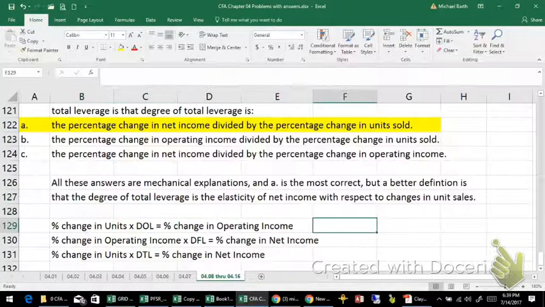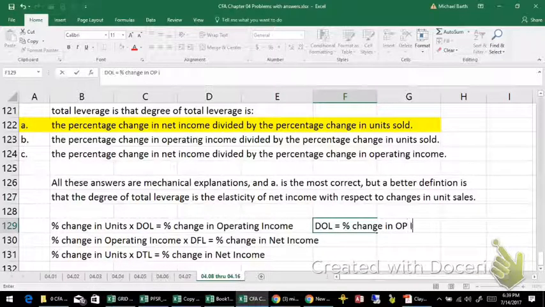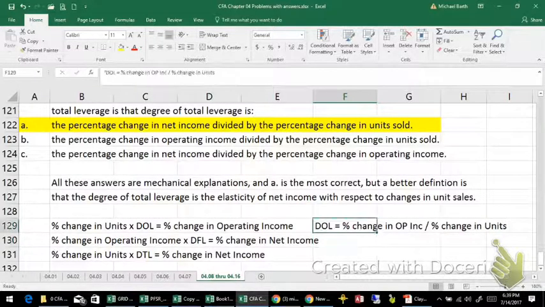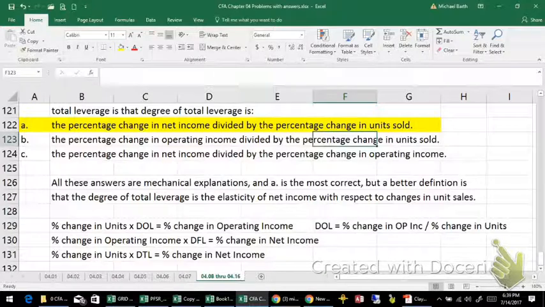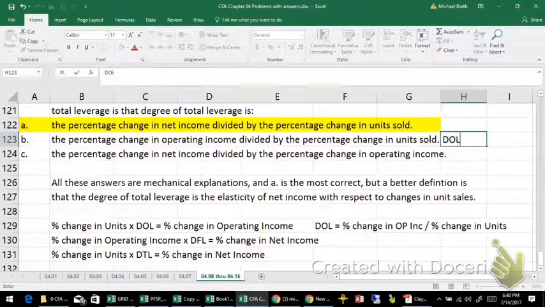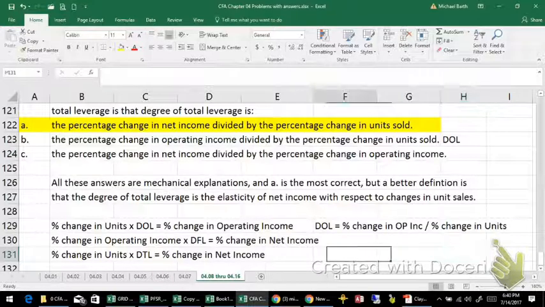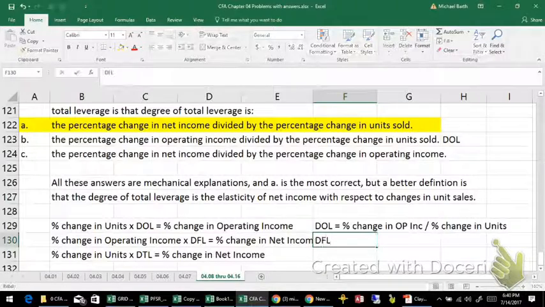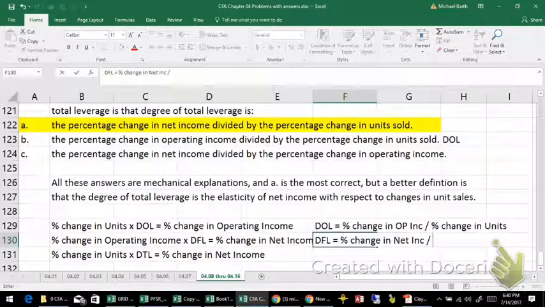If I just rearrange terms in the DOL, mathematically you could describe it as percent change in op income divided by percent change in units. All right, which is what we're describing here as the DOL. And here, if I do the DFL, that would be the percent change in net income divided by percent change in op income.